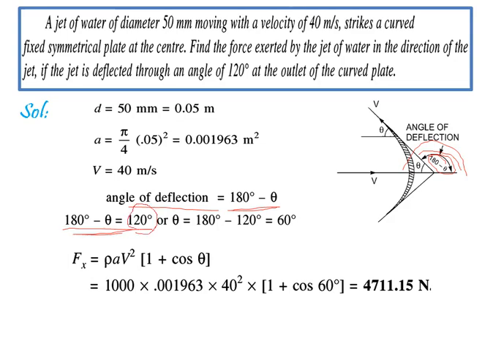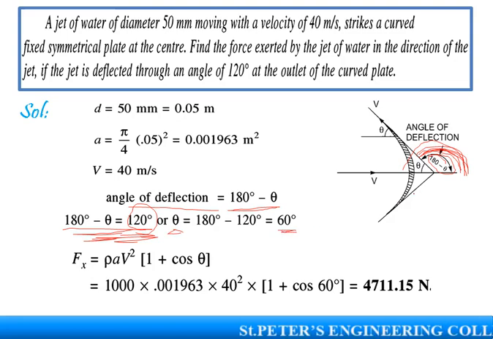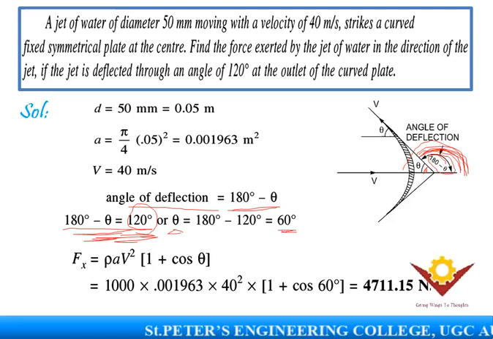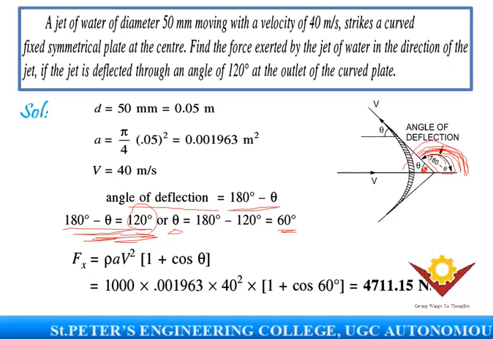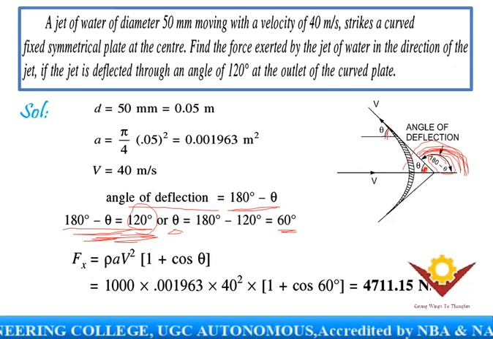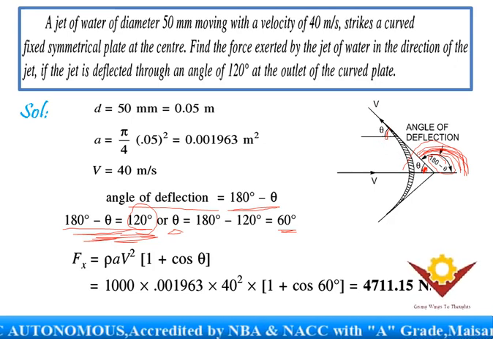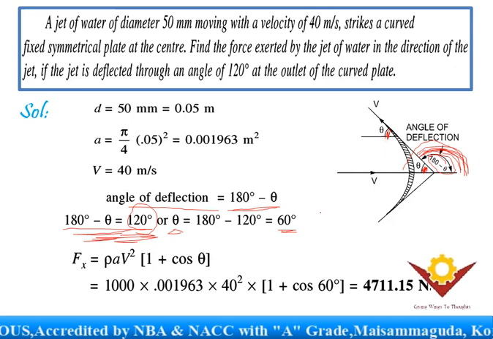That means this particular angle, which is 180 minus theta, is 120 degrees. If you simplify this, the theta value is 60 degrees. That means this value is 60 degrees, and these two thetas are alternate angles, so this theta will be 60 degrees.